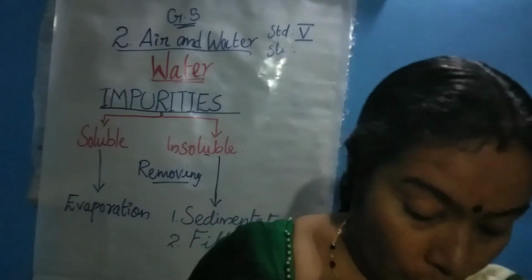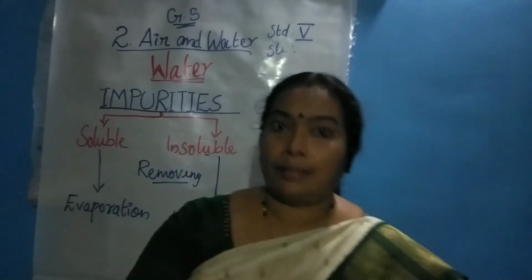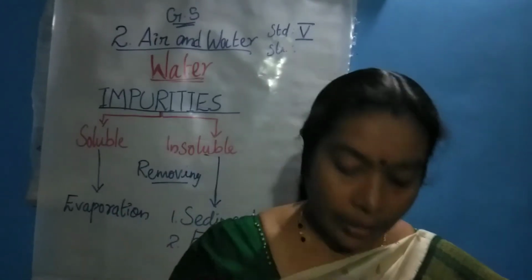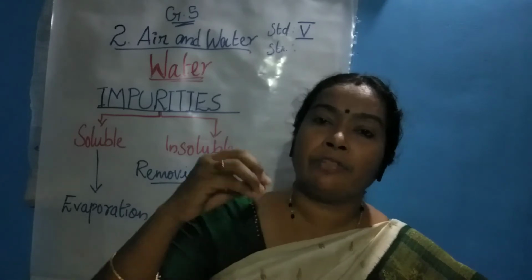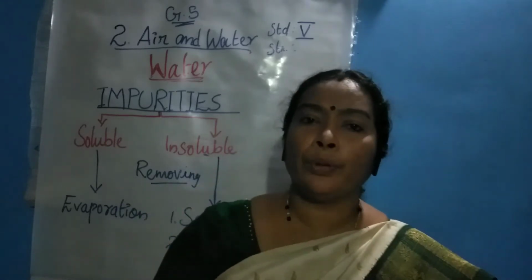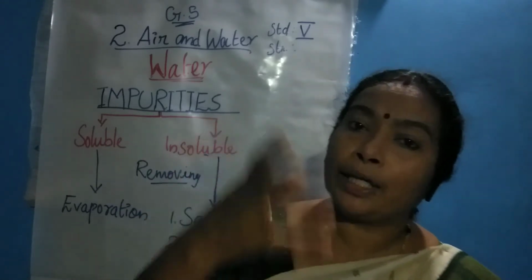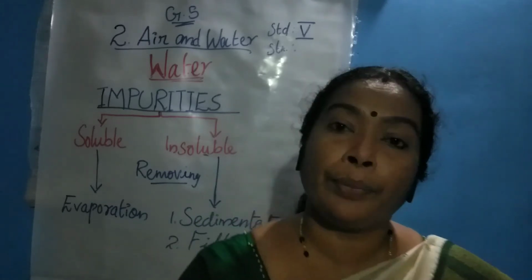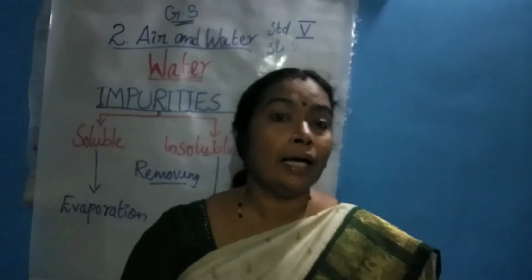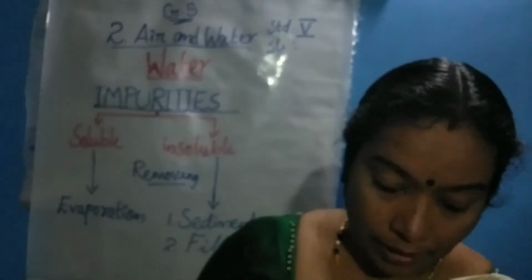It is not pure water because sand is mixed in it, so it contains more impurities and microbes also. So it is not pure water, but we can get clear water like this.